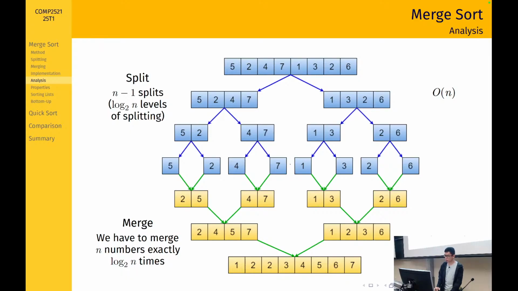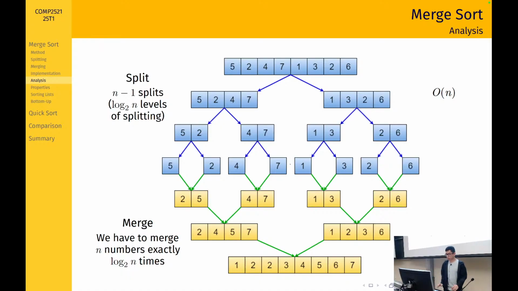So O(n log n). And so the splitting costs O(n), the merging costs n log n, so the n log n dominates. And that's our final time complexity.